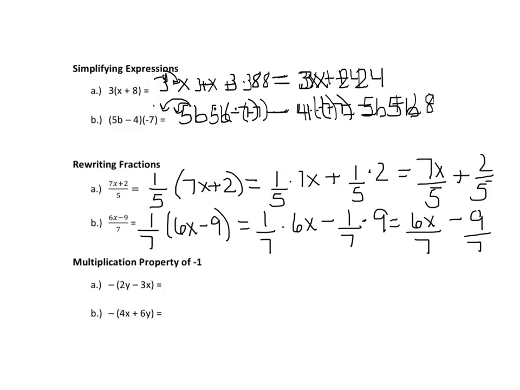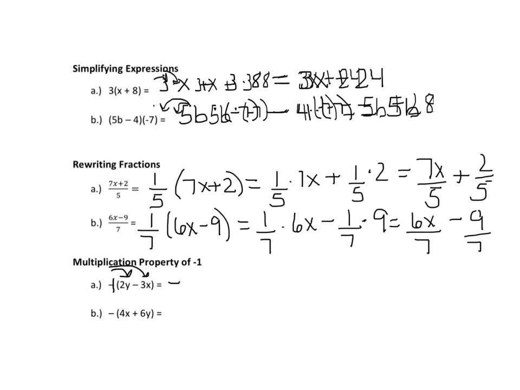Next, we'll look at the multiplication property of -1. When we look at this, we have this subtraction sign in front of the parentheses. When we have a problem like this, there is always this invisible 1 right after that subtraction or negative sign. So it becomes a -1 that we are going to distribute.